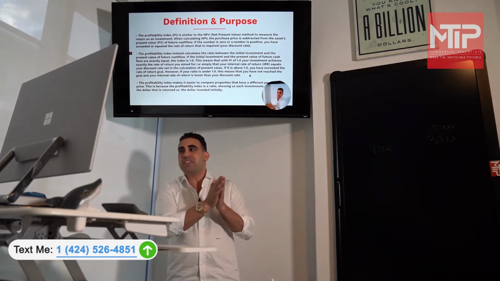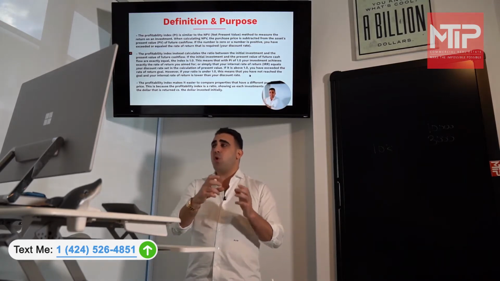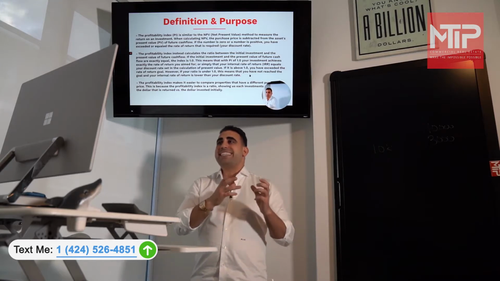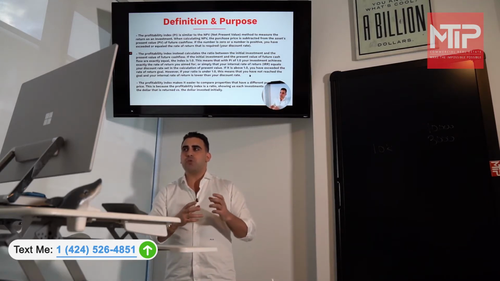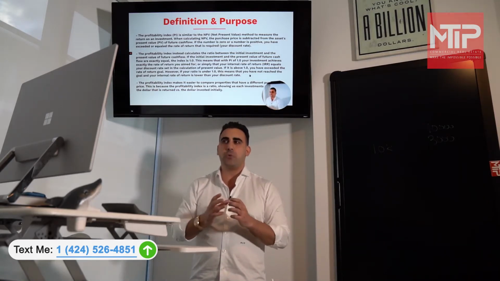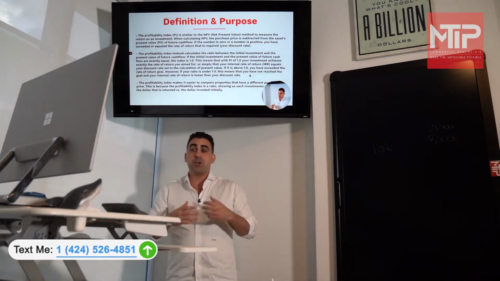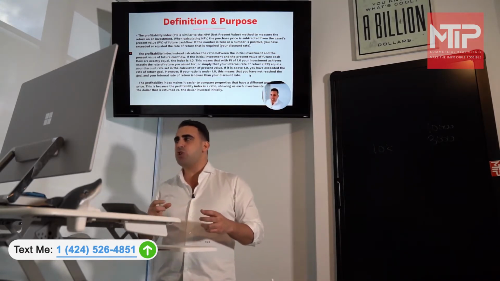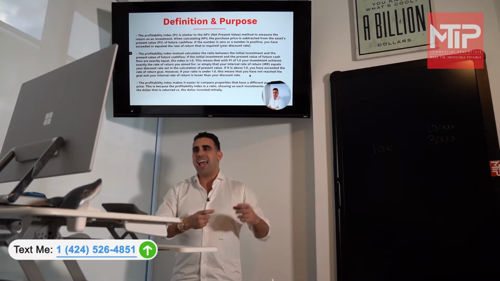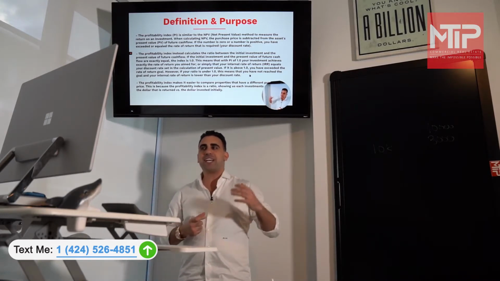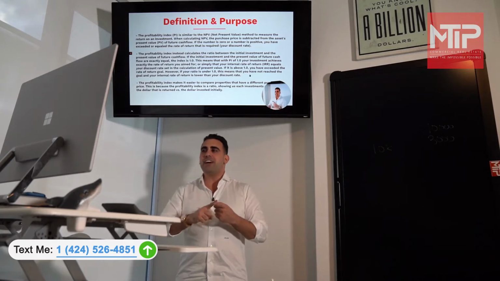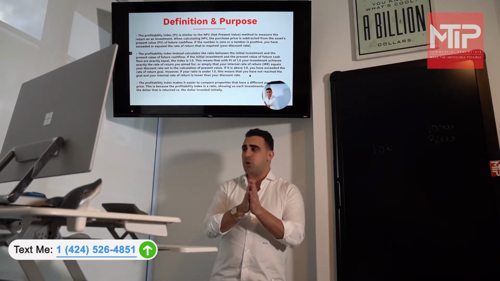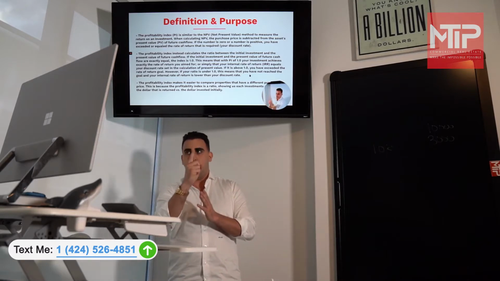But it means if the number is zero or positive, then you have exceeded or equaled the rate of return that is required, what we call your discount rate, your desired rate of return. The profitability index instead calculates the ratio between the initial investment and the present value of future cash flows. If the initial investment and the present value of future cash flow are exactly equal, then the index is 1.